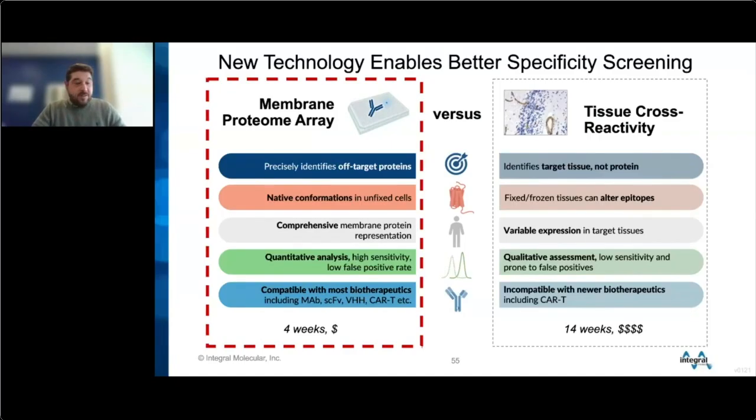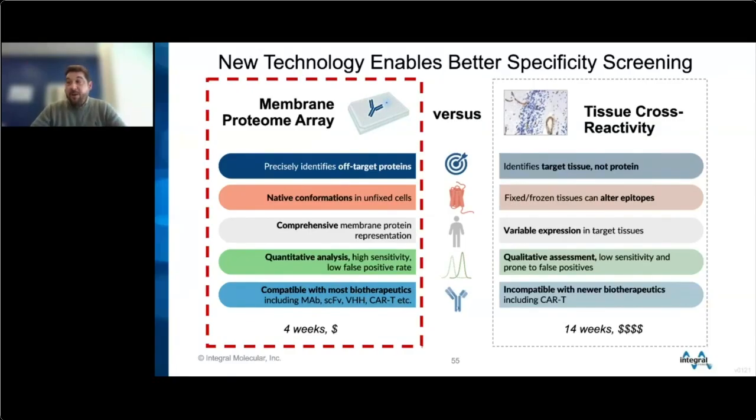Native conformations, as Jonathan really highlighted, is critical to identifying biologically relevant interactions. And we are the only platform out there that does all of our work in unfixed cells. In tissue cross-reactivity, cells and tissues are heavily treated. Epitope retrieval is done, but they can be fixed and frozen many times throughout the process.